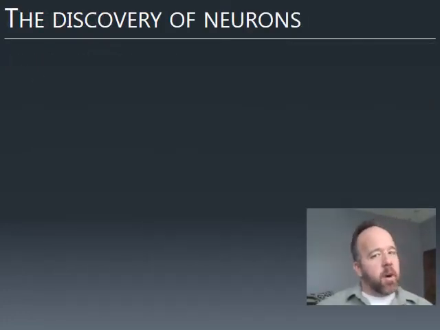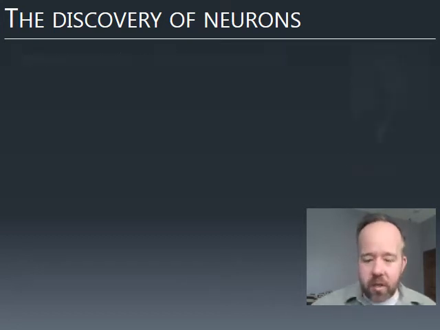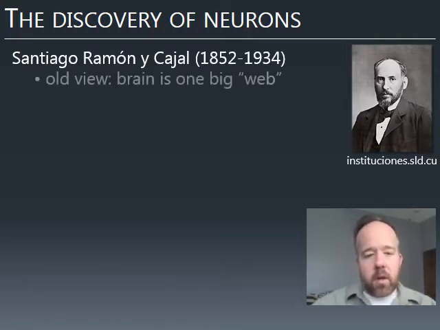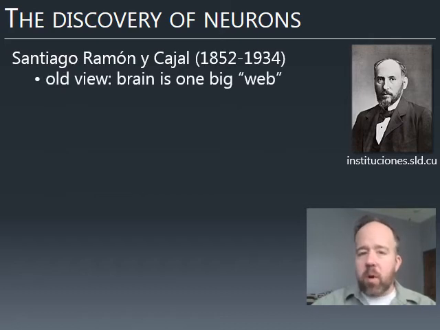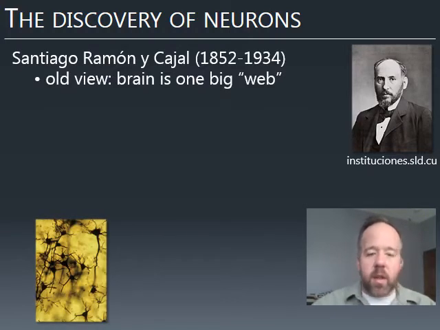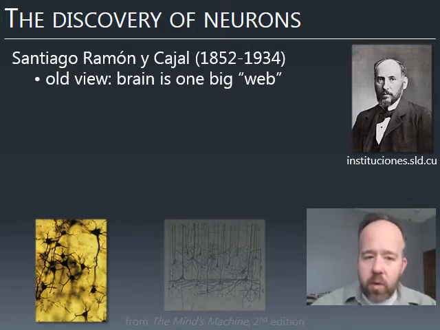Okay, so of course at first we had no idea that neurons existed. And it wasn't until a Spanish scientist named Santiago Ramon y Cajal discovered that the old view of the brain was inaccurate. It used to be thought that the brain is sort of one big web of tissue. It's one interconnected mass. And while there are connections between parts of the brain, what Ramon y Cajal discovered when he looked at images like this of individual brain cells by staining them, he discovered that the brain is composed of discrete cells.